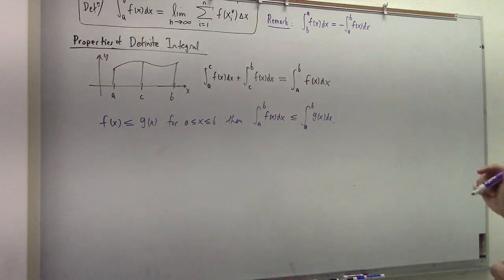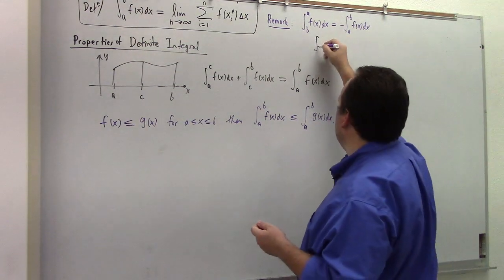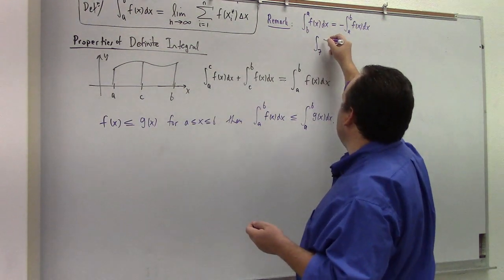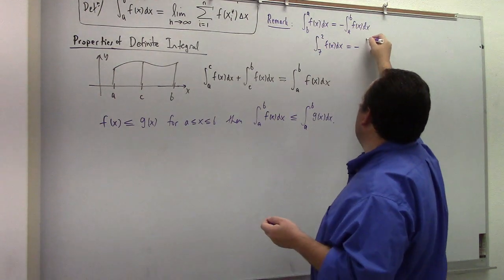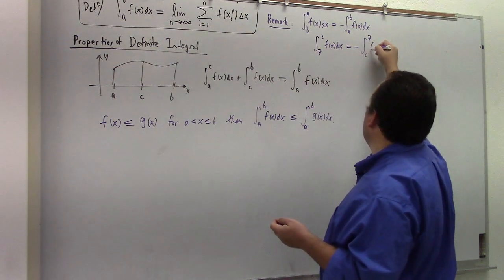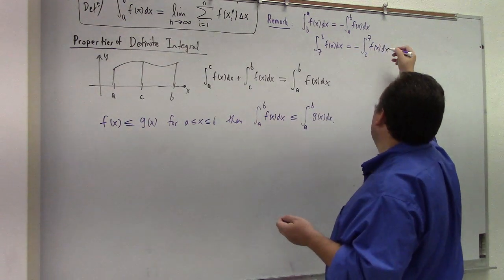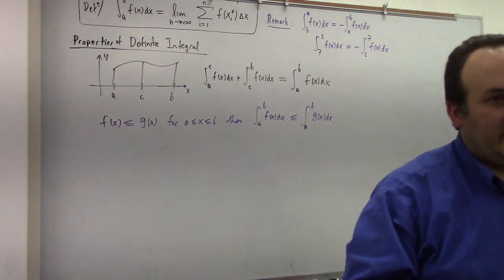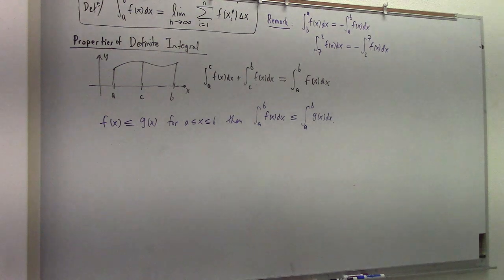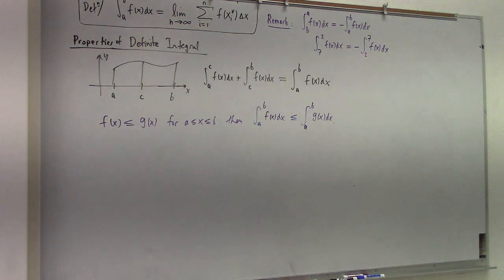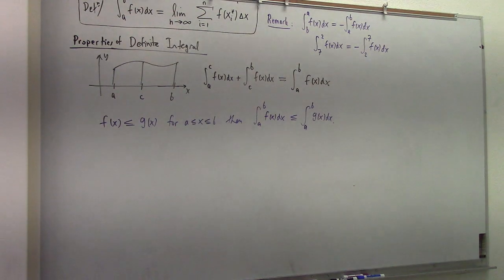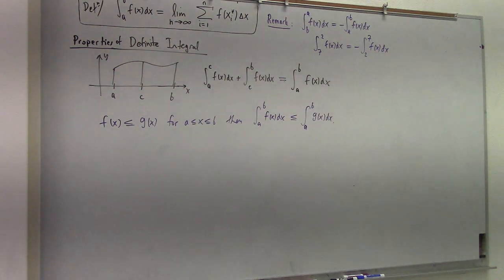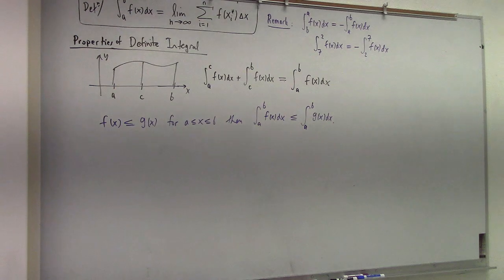If you had something like the integral from 7 to 2 of f of x dx, what that means is minus the integral from 2 to 7 of f of x dx, which we've described how to set up in terms of chopping it up into boxes and taking the limit. But the integral from 7 to 2, that's a weirdity that I'm just telling you, this is how we define it, with a minus like that.